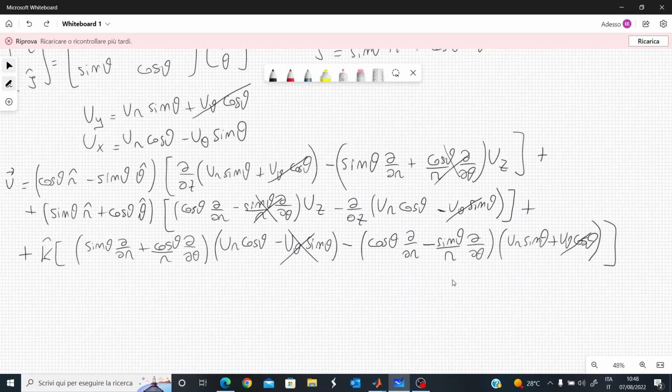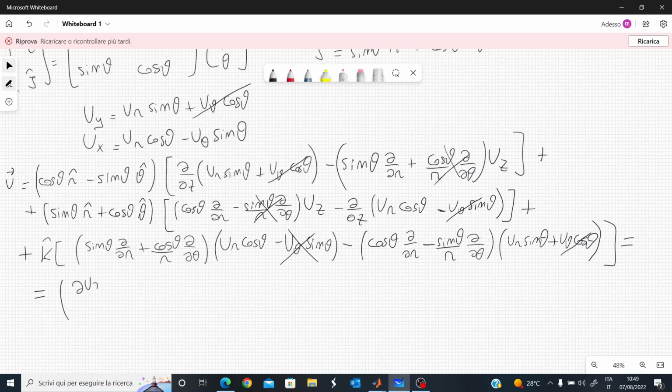So I simply substituted those expressions. Simple as that. And now you have to do the calculations here that I will skip, not necessary. It is just straightforward.